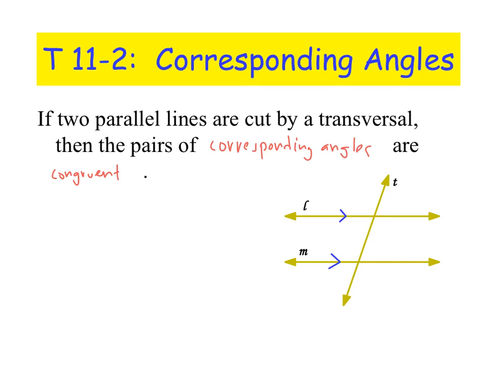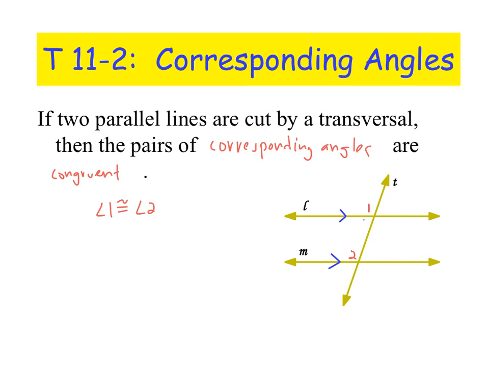Corresponding, remember, are on the same side of the transversal, but one is interior and one is exterior. So my first set, angle 1 is congruent to angle 2.